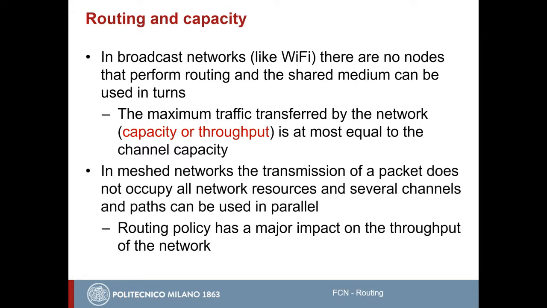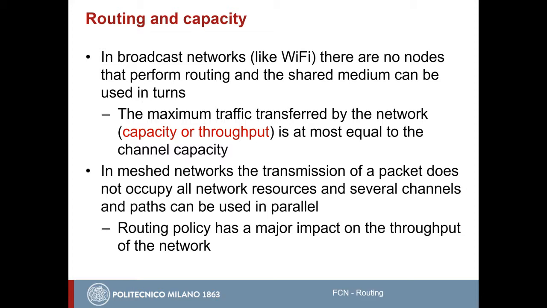capacity. When instead you have a mesh network, you have several paths connecting the source and the destination, and therefore you can exploit parallelism, because you can send one piece of information along a path while you are sending other information on a different path.